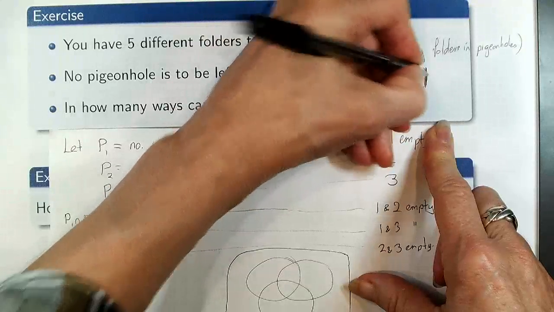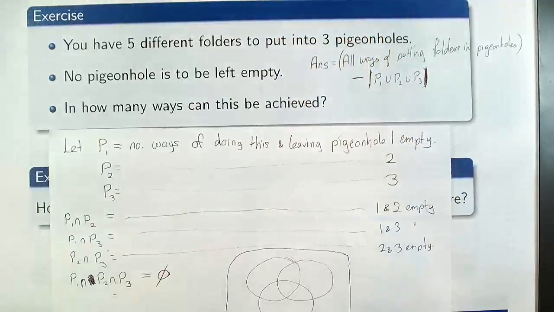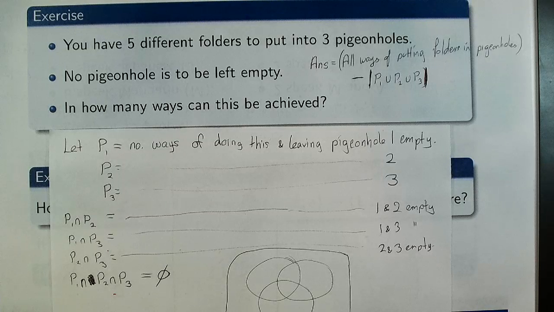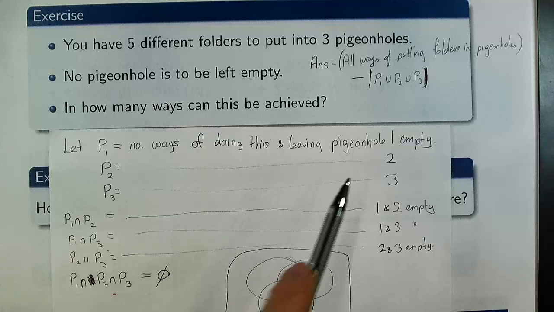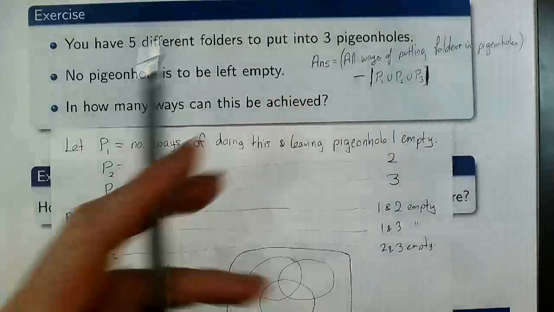So we're coming at this a little bit indirectly. We're saying, let's look at all the ways of doing this, and then we'll subtract off those that don't do what we want. We'll subtract off all those that leave 1 or more pigeonholes empty. And to leave 1 or more pigeonholes empty means it's somewhere in these sets.